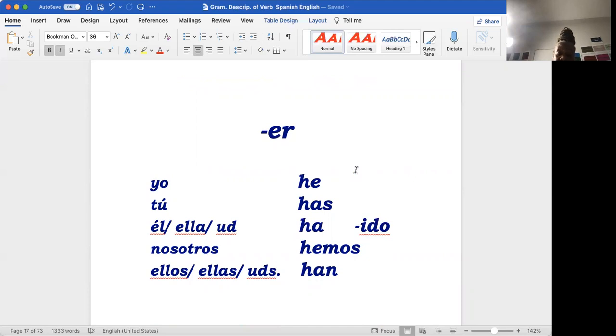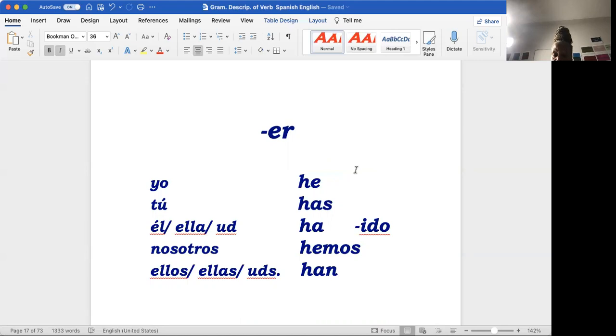So you have he, has, ha, hemos, han. And then you have the main verb. The verb to eat is regular. So you have comer, you get rid of the ER, and it's comido. He comido, has comido, ha comido, hemos comido, han comido.